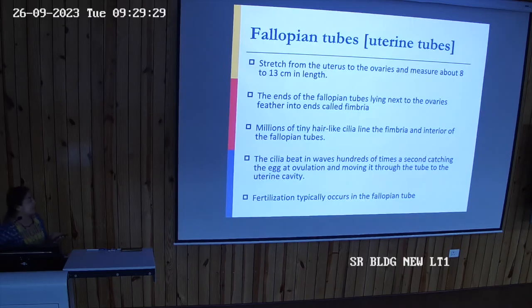This is how the uterine tubes help the movement of the egg towards the uterus. They bear a lot of cilia, so the beating of those cilia leads to the movement of the egg towards the uterine cavity.